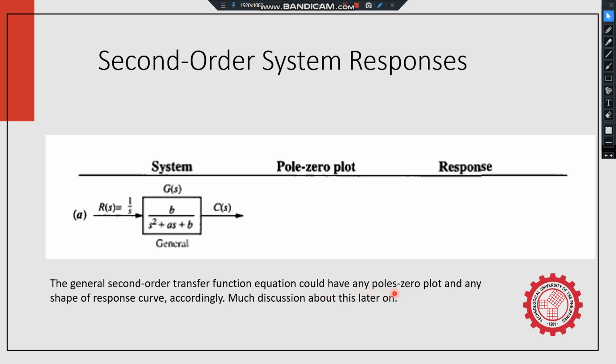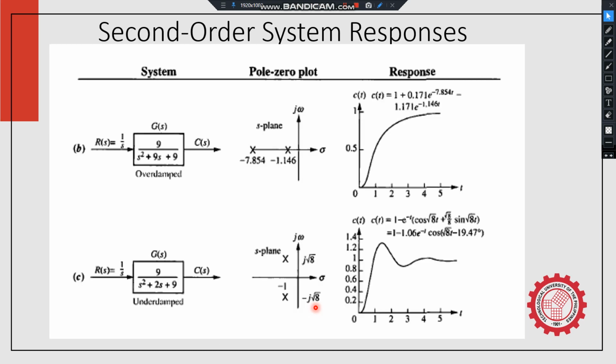And it could have any pole zero plot and any shape of response curve according to the specific given value. We're going to discuss more about this later. Let us first try to look at the other types or classification.